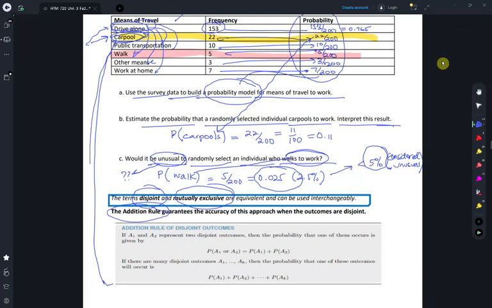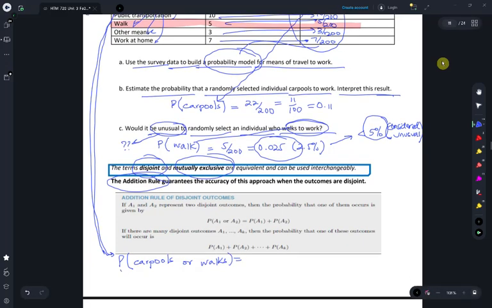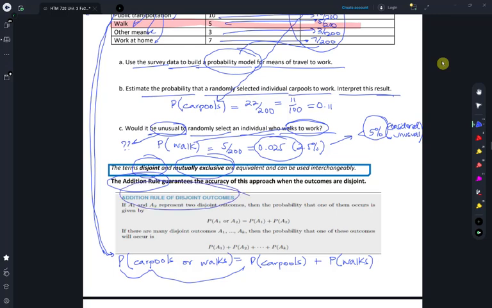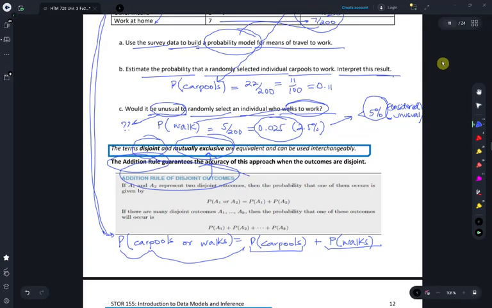Let me give you an example. If I'm asked to compute the probability that a person carpools or walks to work, I have to consider the probability that the person carpools and the probability that the person walks to work separately, and then add them together. That is the addition rule for mutually exclusive events, since one does not have anything to do with the other. So you compute their separate probabilities and pull them together in an additive fashion.